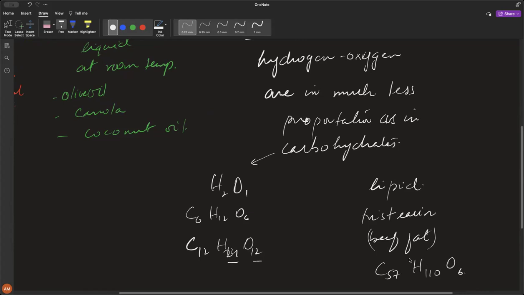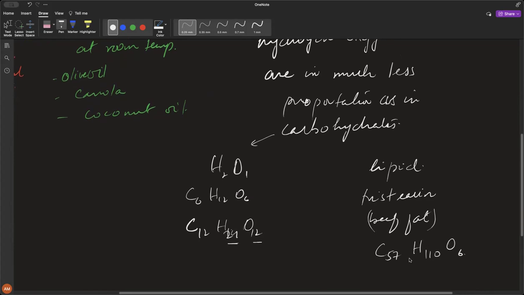You see, the proportion is much less. When you are given the molecular formulas, the only way to distinguish between carbohydrates and lipids is by looking at the proportion of hydrogen and oxygen. If the proportion of hydrogen and oxygen is very less, not 2:1, or any other except for 2:1, it means that it is not a carbohydrate. Is this clear?